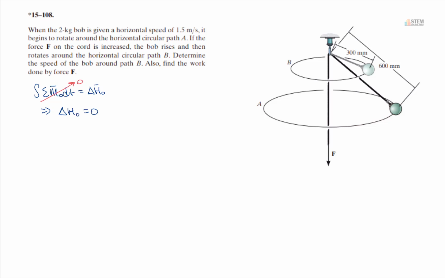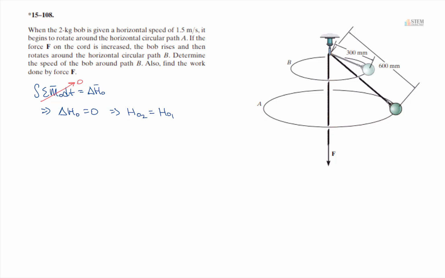All right, which then means that the angular momentum at time 2 is going to equal the angular momentum at time 1. Okay, and I'm going to go ahead and use the scalar formulation for angular momentum. So remember, angular momentum is basically the moment of linear momentum about our axis of rotation. So if we look here, I am rotating about this vertical line, right?